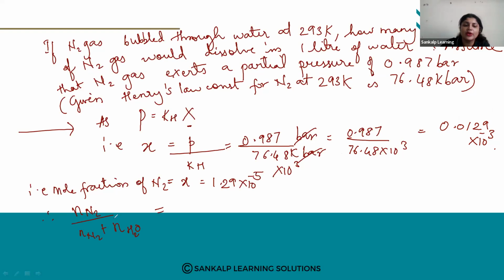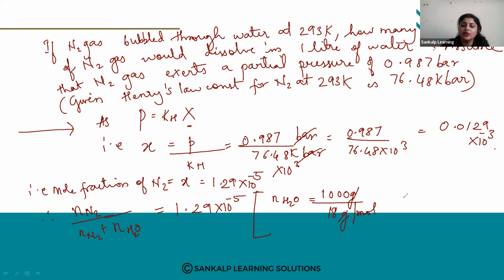Now we are going to find the mole fraction of N2 by N2 plus water. N2 is 1.29 into 10 raised to minus 5. How do you find it for water? How much water is taken? 1000 grams, and the molecular mass is 18 gram per mole.